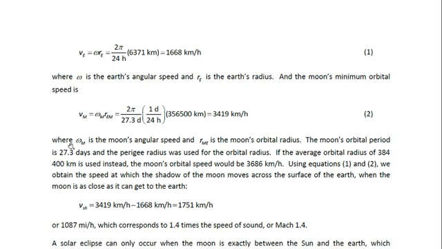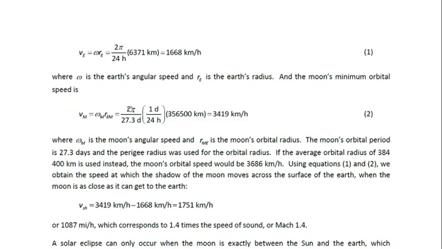We can then calculate the moon's tangential orbital speed, which is its angular speed times the distance between the center of the Earth and the center of the moon. So this is what REM represents here. And then we can again use a similar formula.